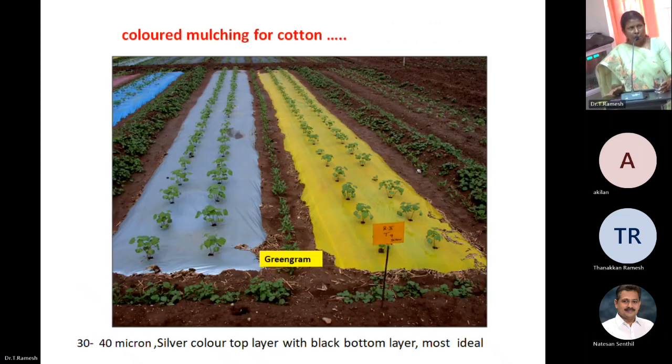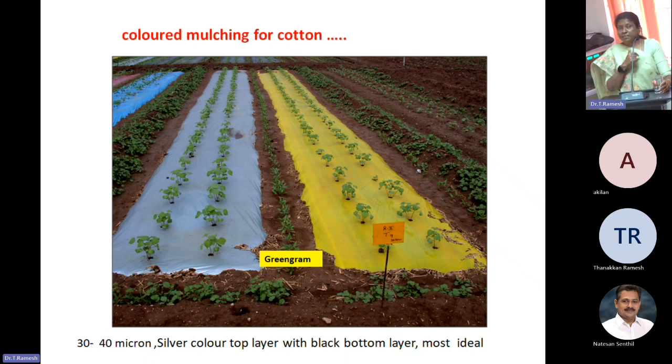So in the initial days, different color, different thickness, everything we evaluated, and we came to know the standardized one: 30 to 40 micron thickness with silver top and black bottom is the most ideal one. You can see others also if you compare this yellow color.